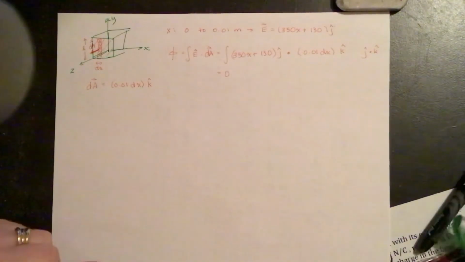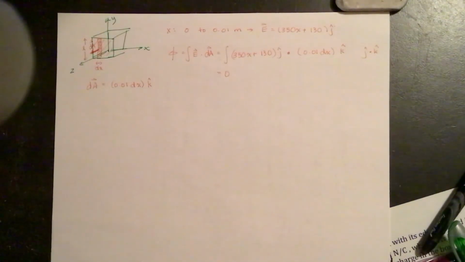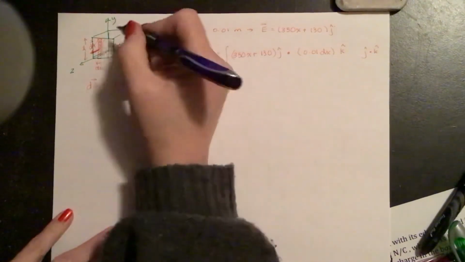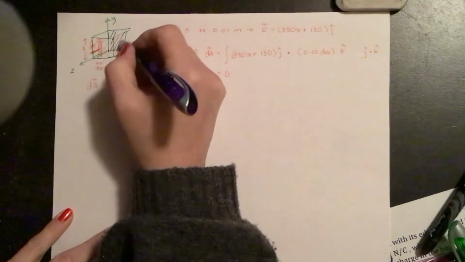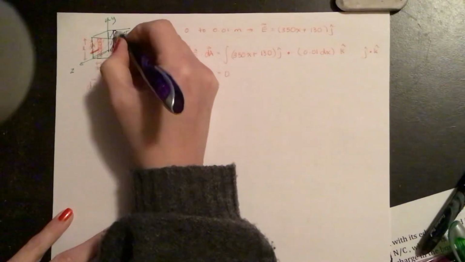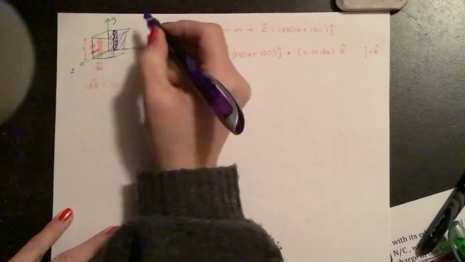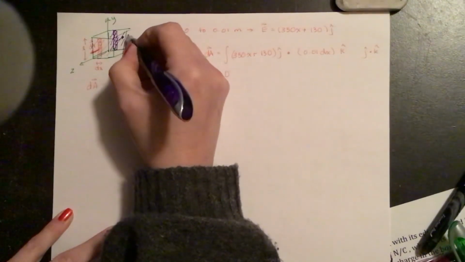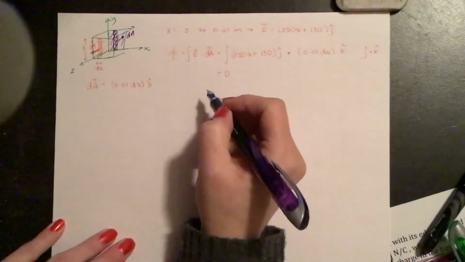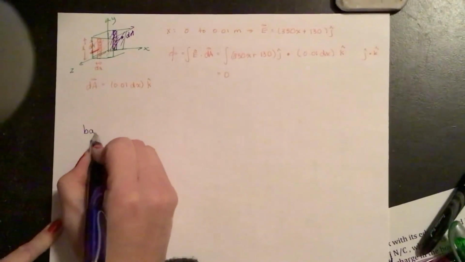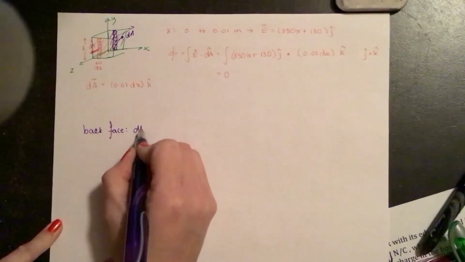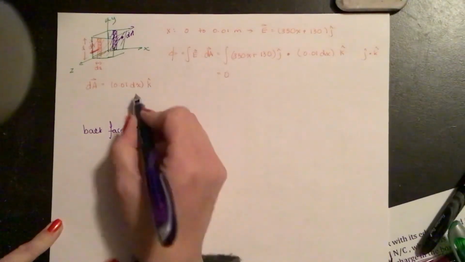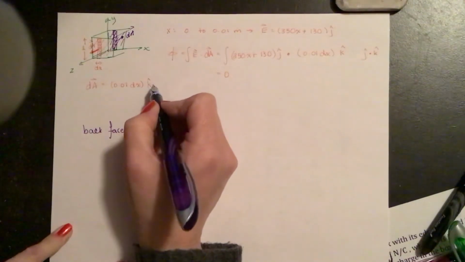Then the last face I have to take care of is my back face. My back face is this one back here. Take the same area element, which is a little strip. This time the area sticks straight back out. So for my back face, my dA equals 0.01 dx, the length times the width.